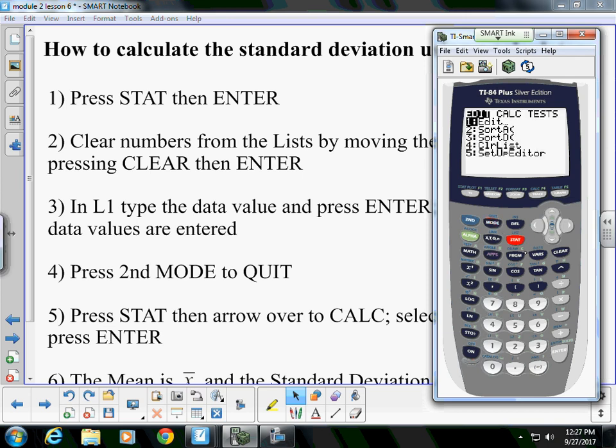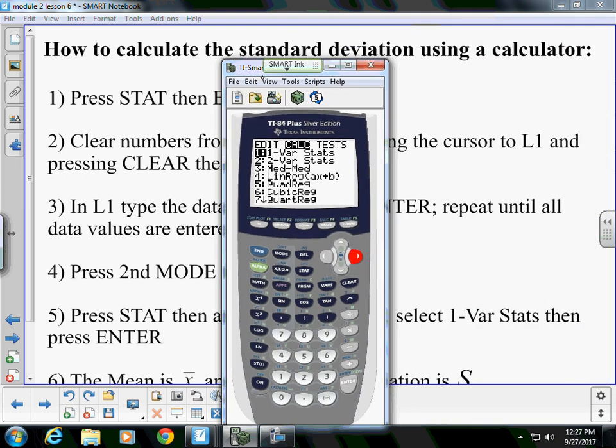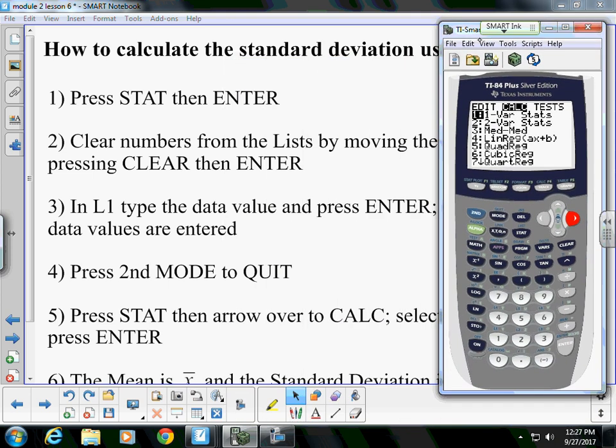And I want to scroll over to calc up here at the top of the screen. And I want to select one variable statistics, which is number 1. It's already highlighted. And push enter.